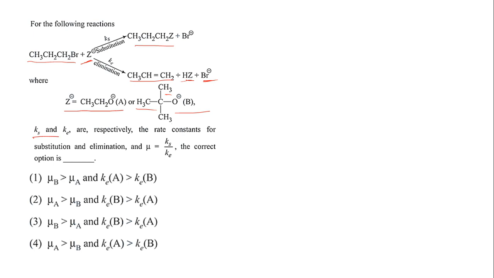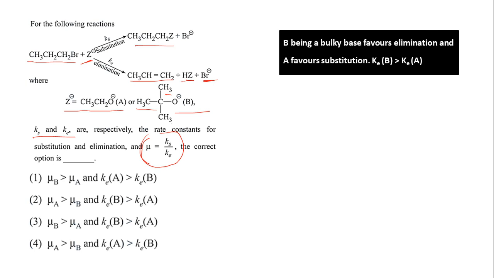Now Ks and Ke, these 2 are basically the rate constants for substitution and elimination respectively. And what about mu? This is the ratio of rate constant of substitution divided by rate constant of elimination. So from this we have to choose the correct option. So here B being a bulky base, that is the second nucleophile, Me3CO minus, it will favor elimination.